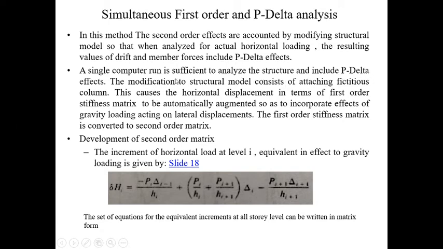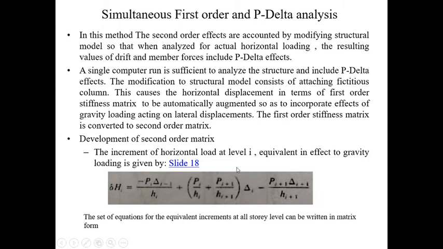The modification to the structural model will consist of a fictitious column. What modification we do to the model is we add a fictitious column to the model, and this will cause the horizontal displacement in terms of the first order stiffness matrix.